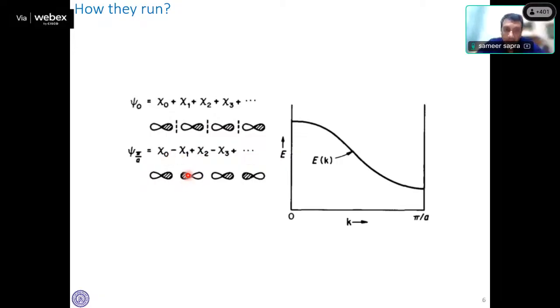You can take a look at these orbitals. So this would be plus, that remains the same. Minus, I would just reverse the sign. And then these two would form the bonding combination. These two would form the bonding combination. The node, of course, is there in these. So this would be the lowest energy combination. That would be the highest energy combination. In this case, they are running from up to down.